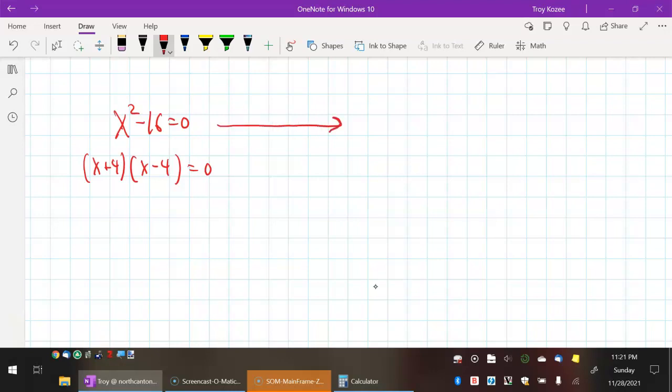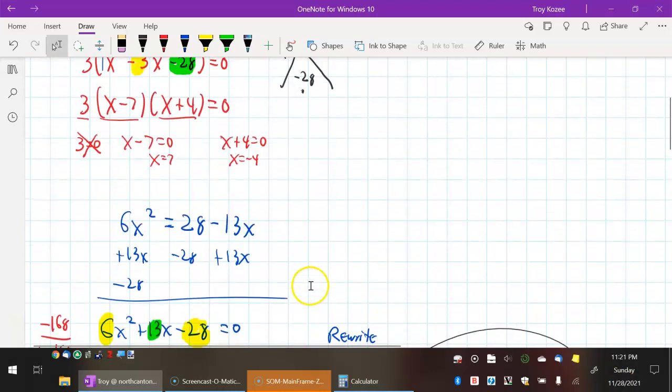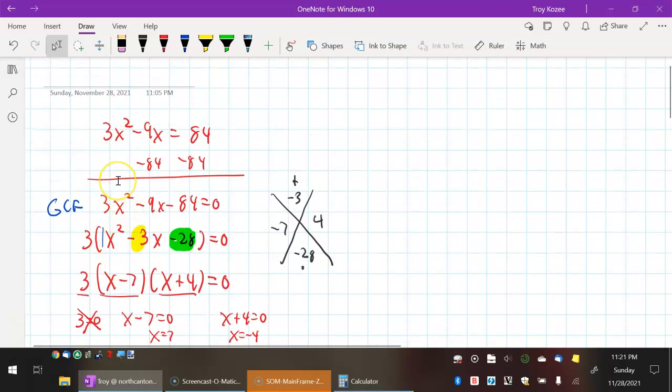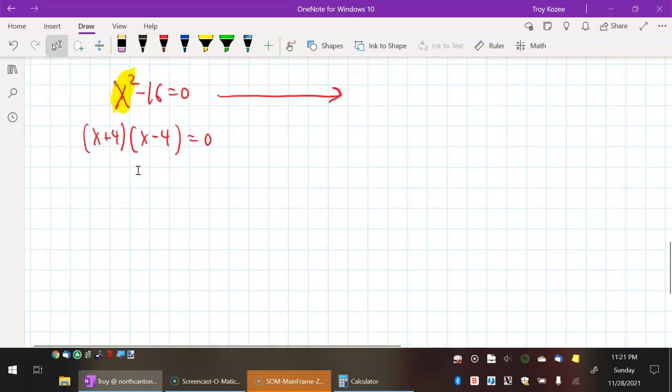Or if this is x squared minus 16, this problem has a single x in a single place. I didn't have that in these other problems. All of these other problems had multiple x's in multiple places that I couldn't crunch down, which is why we had to factor in the first place. This one has a single x in a single place.